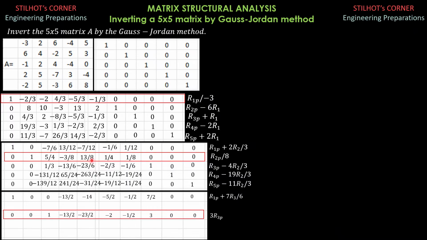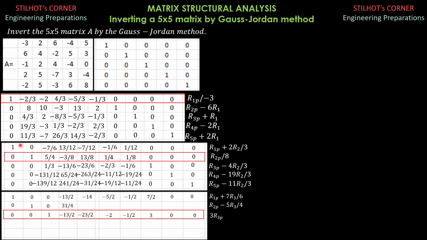Then minus 5/4 of negative 23 over 2, 1/4 minus 5/4 of negative 2 is 11 over 4. 1/8 minus 5/4 of negative 1/2 is 3/4. 0 minus 5/4 of 3 is negative 15 over 4. 0 minus 5/4 of 0 is 0.